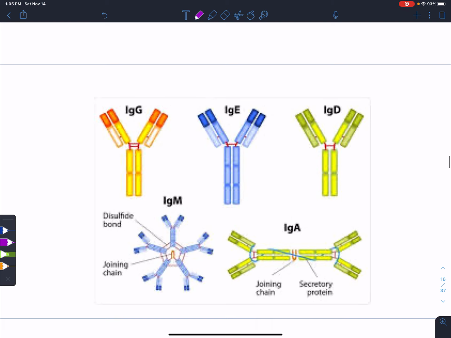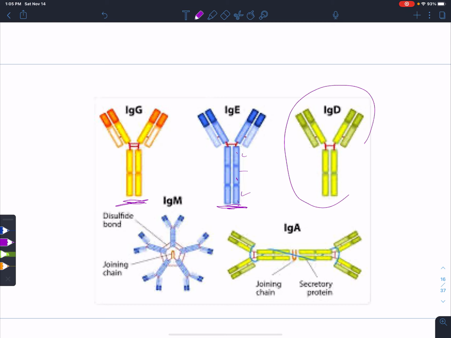So here's an IgG. See that? This IgE is a little bit longer. It has 1, 2, 3 of these. Here's our D, pretty similar to our G. We've got some binding going on right here that's a little different. One of the big things to remember is this IgM is a pentamer.